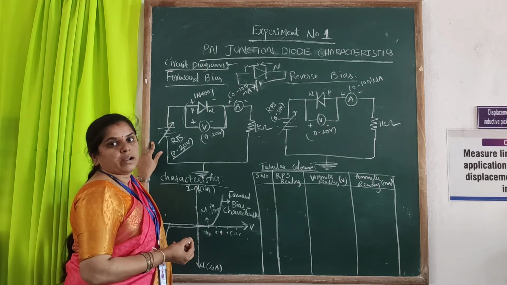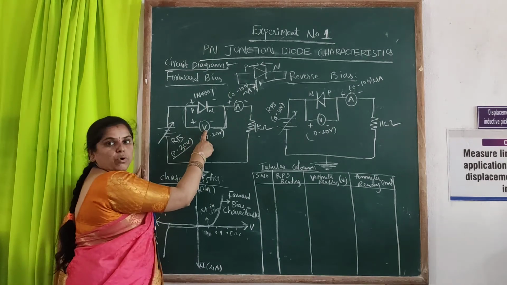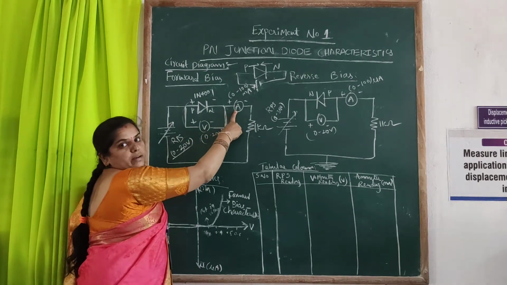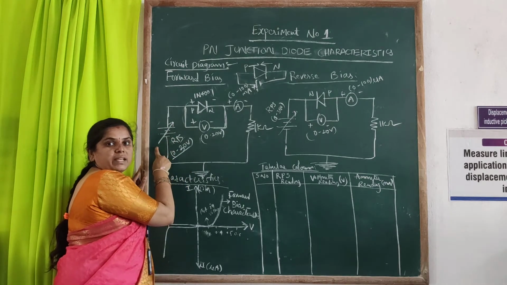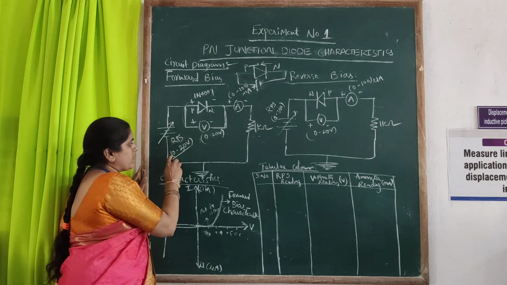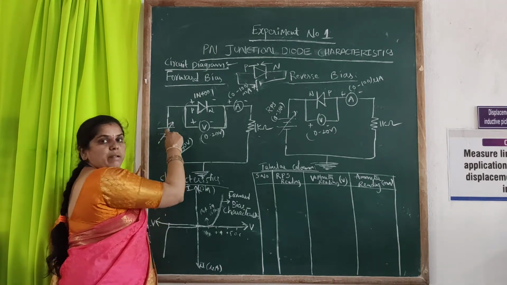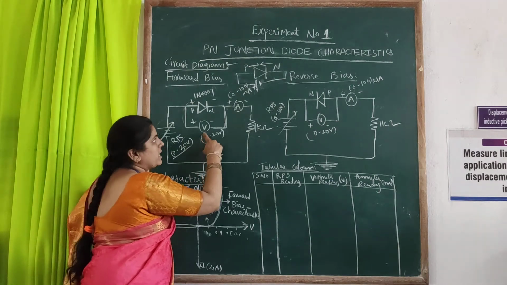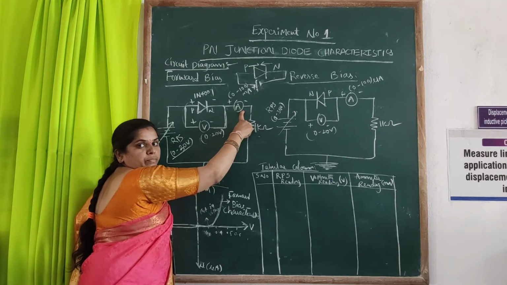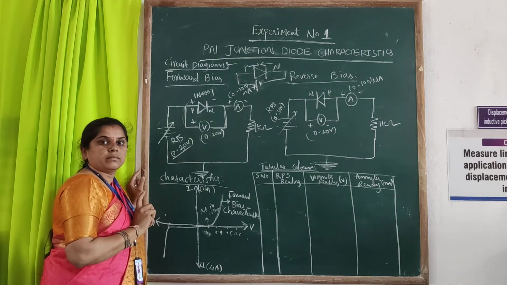Experimental procedure. See here, this one is regulated power supply and this one is voltmeter and ammeter. The RPS, regulated power supply, range is 0 to 30 volts. By varying this RPS, you can note down the voltmeter and ammeter readings.